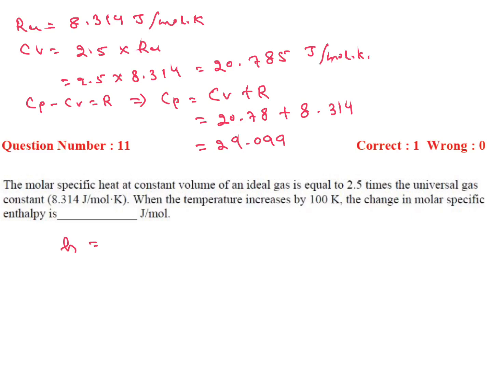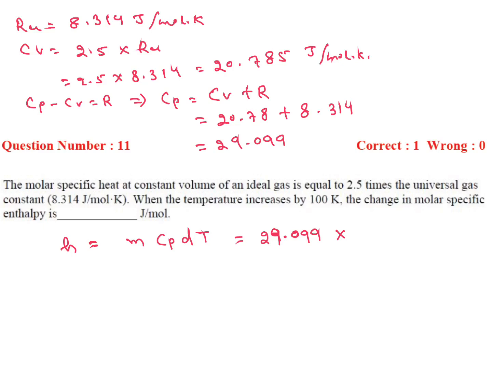So molar specific enthalpy H is m Cp dT. Mass is not given, so take 1, then Cp we already got, 29.099, into dT.